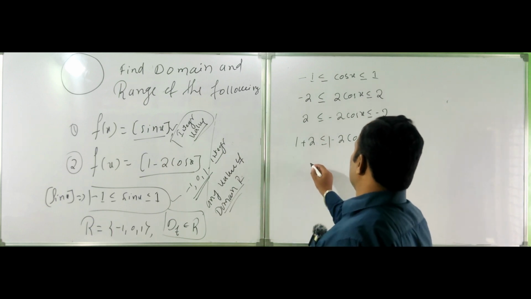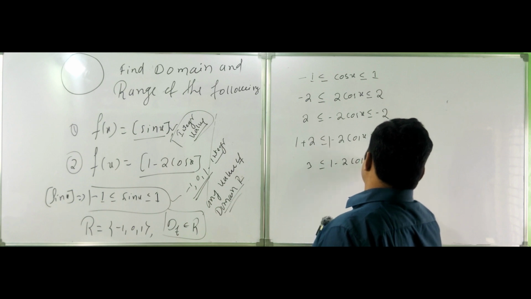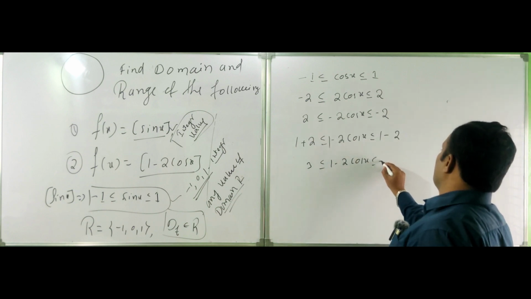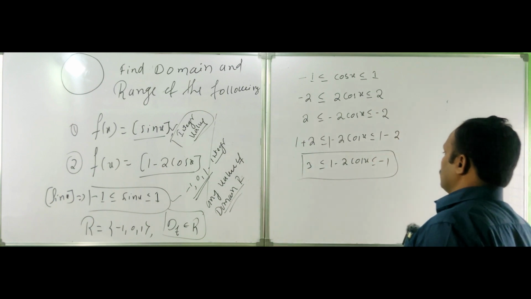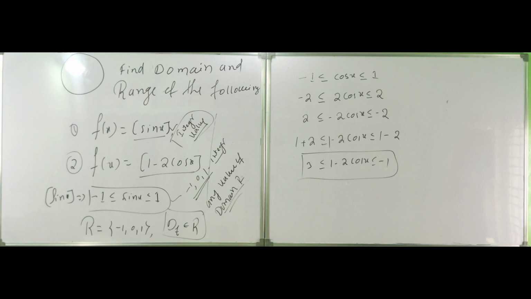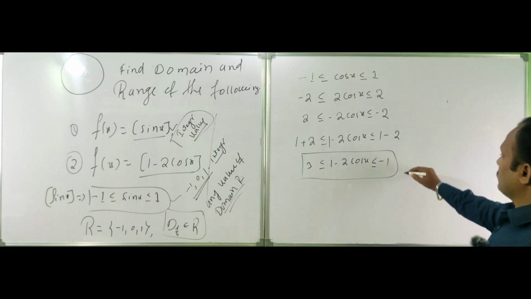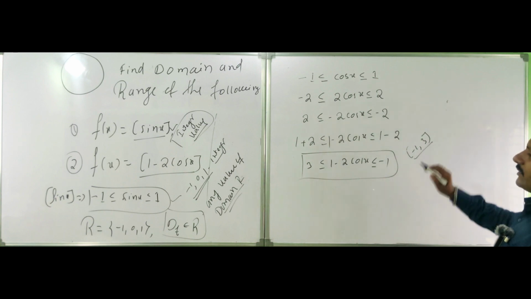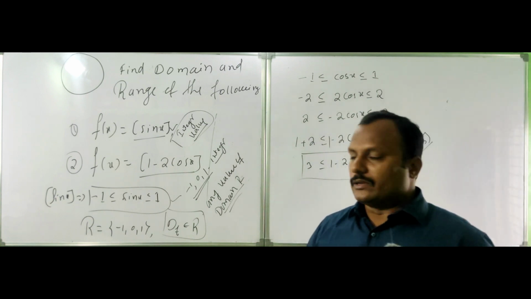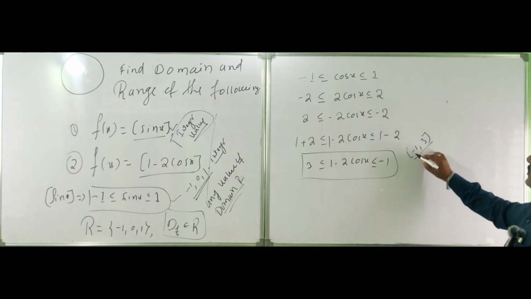So this becomes 3 is less than or equal to 1 minus 2 cos x, less than or equal to minus 1. Understood? Means we have the values from minus 1 to plus 3 for this function. The range of this function is minus 1 to 3.